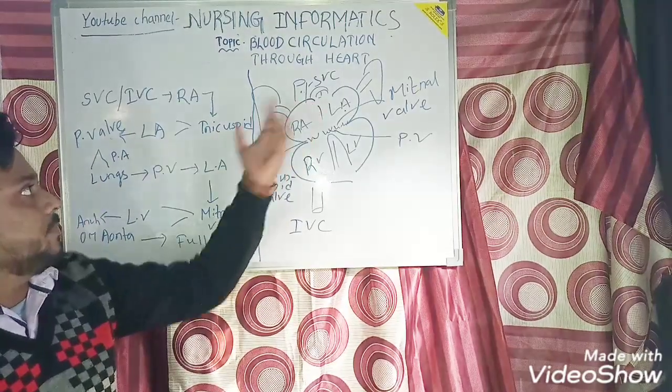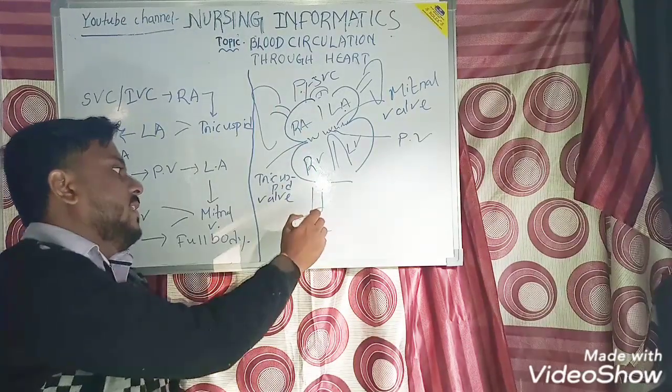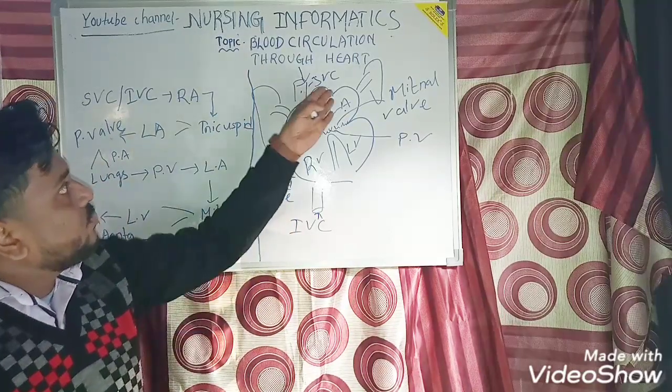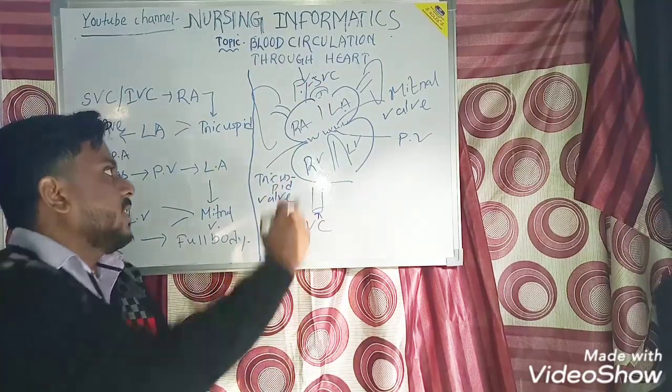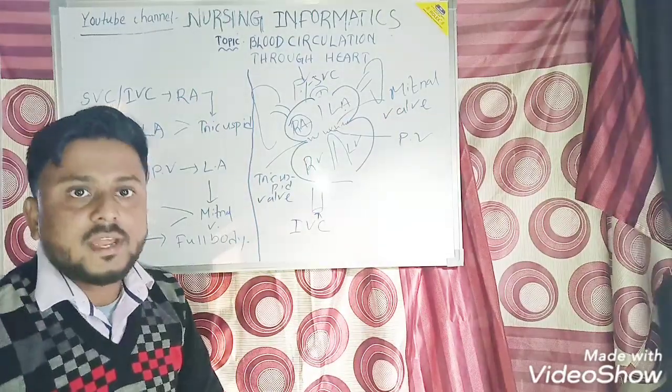The blood enters the heart through the superior vena cava and inferior vena cava, into the right atrium. First, blood will enter the right atrium.